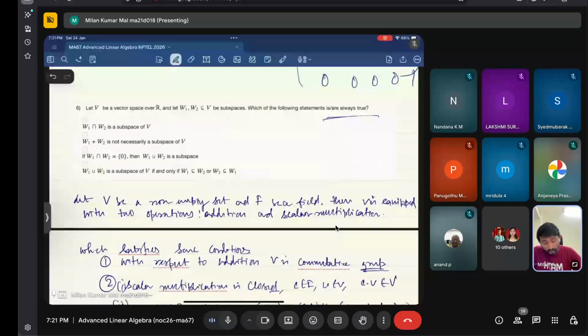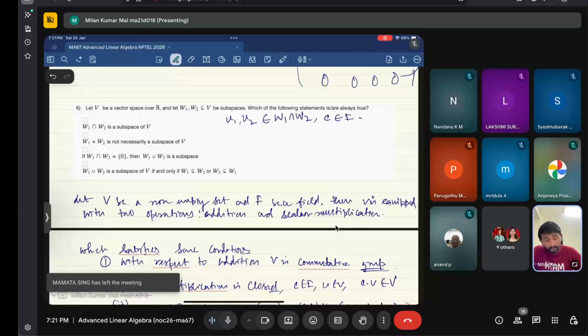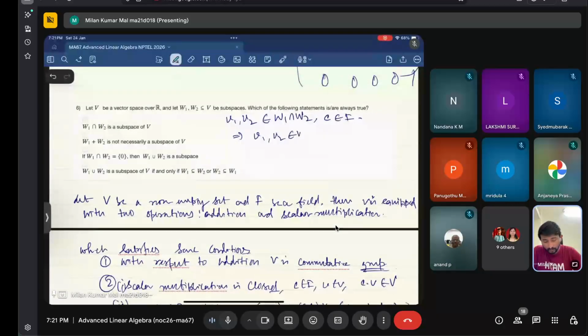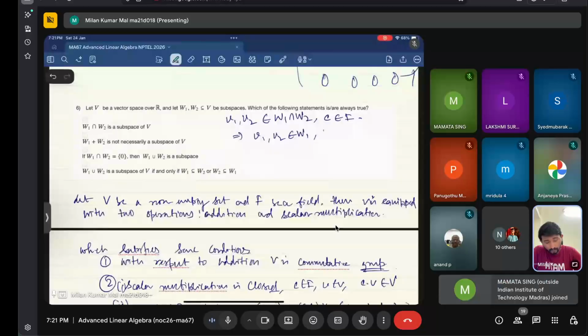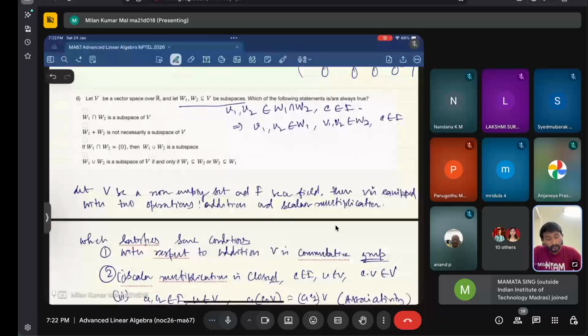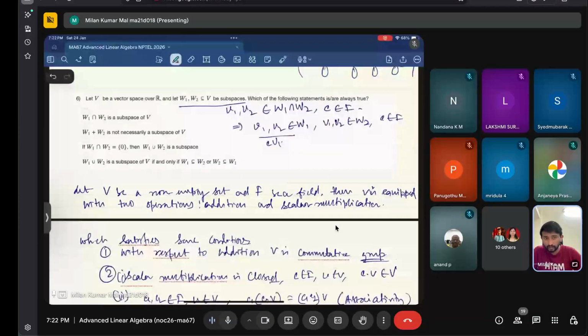So let's take V1 and V2 in W1 intersection W2, and C is a scalar in the field F. Since V1 and V2 are both in W1 intersection W2, V1 and V2 are both in W1 and both in W2, and C belongs to F. But it is given that W1 and W2 are subspaces, so C V1 plus V2 is in W1 because W1 is a subspace, and similarly C V1 plus V2 is in W2 because W2 is a subspace.